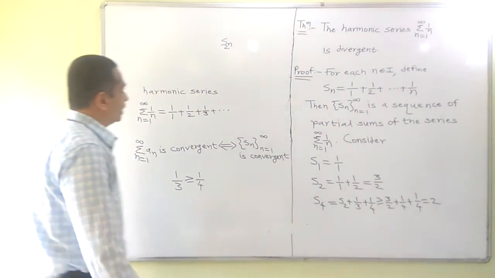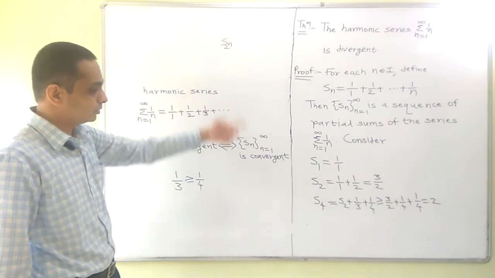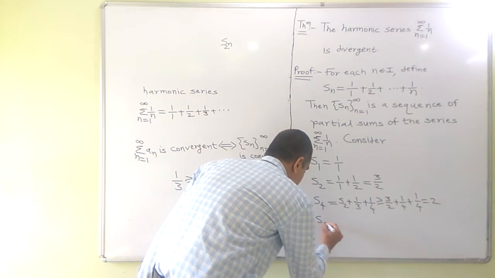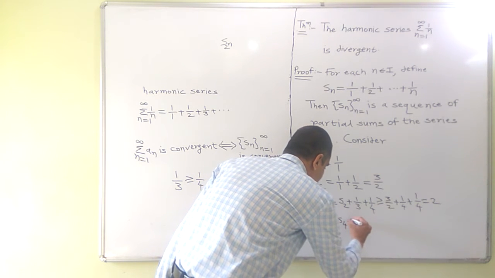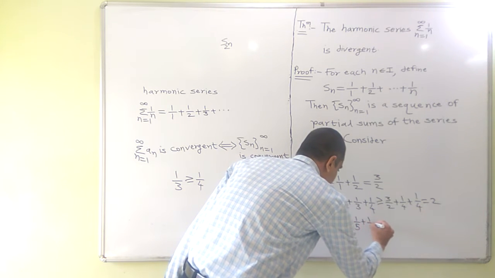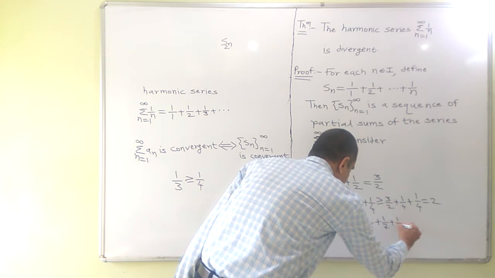One more term S_(2^n), and n is equal to 3 now. So the next term will be S_8. So S_8 I could write as S_4 plus the remaining terms, that is 1 by 5 plus 1 by 6 plus 1 by 7 plus 1 by 8.